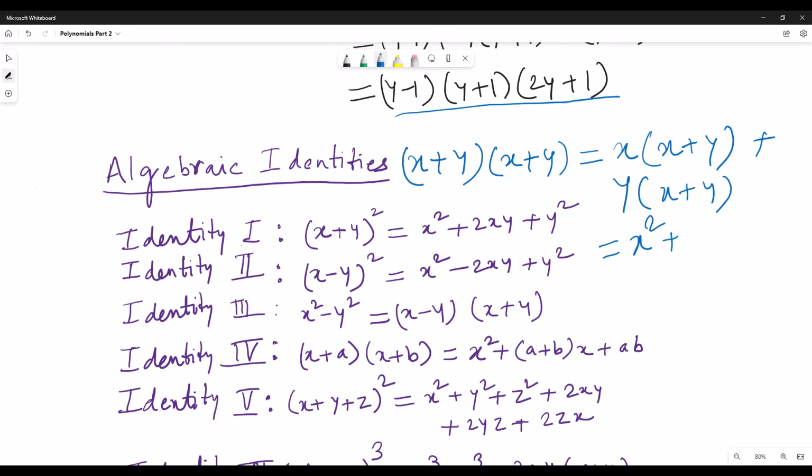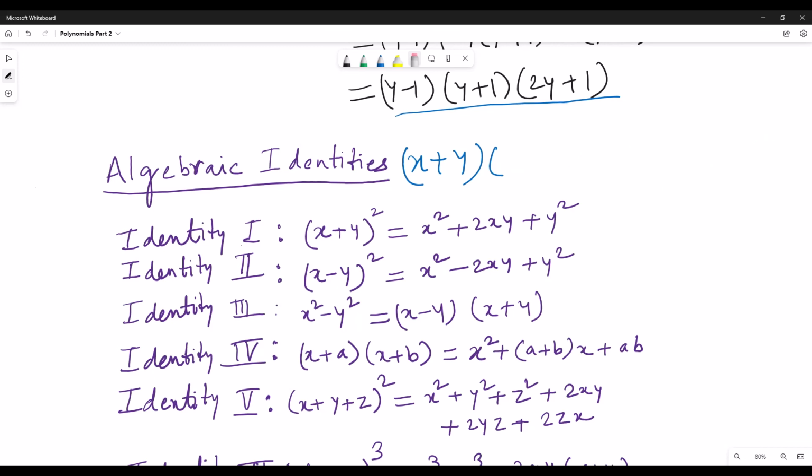x square plus xy plus xy plus y square. So xy plus xy is 2xy: x square plus 2xy plus y square. Likewise, you can derive all the formulas. Always in algebra, you just try to do it by first principle.